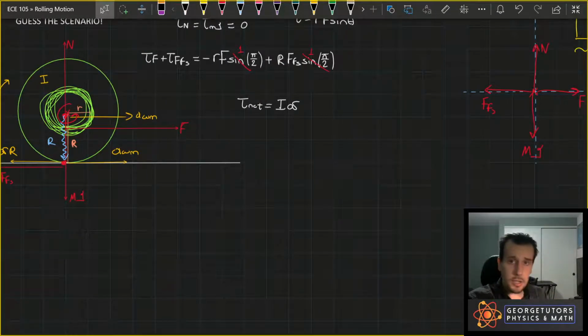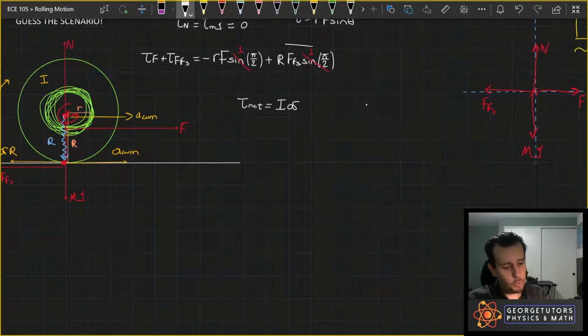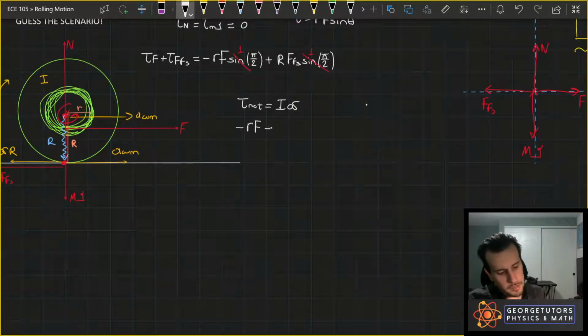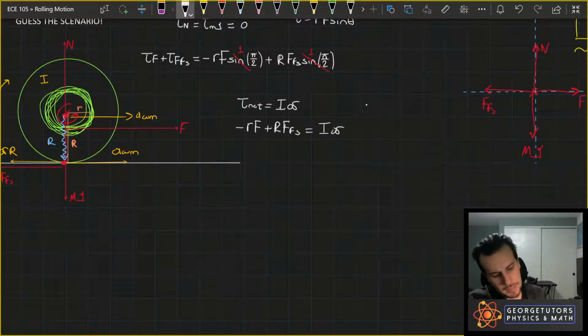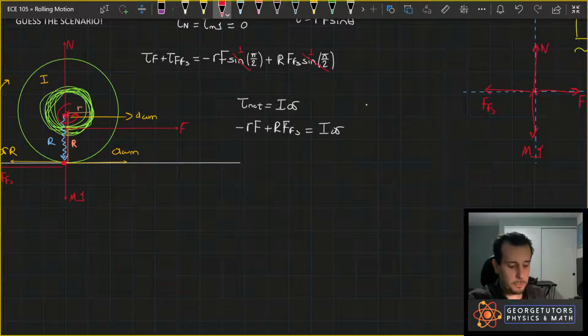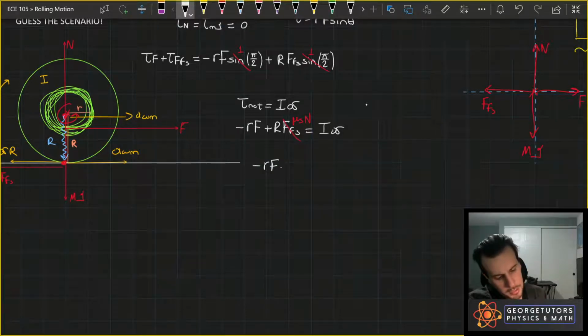And we can go ahead right now and set up our problem. Tau net right now is only provided by these two torques, which we've already found. So the left-hand side is minus little r capital F plus capital R F_s, and all of this is equal to I alpha. What I can do next is open up the friction as mu_s times the normal. Okay, so I will do exactly that.